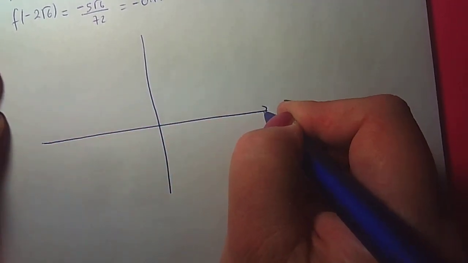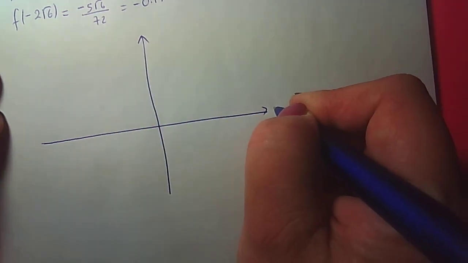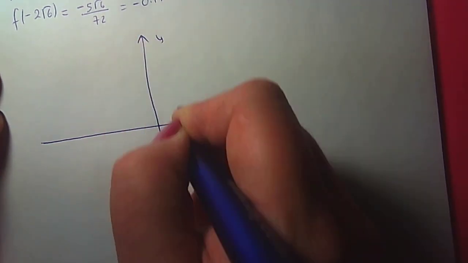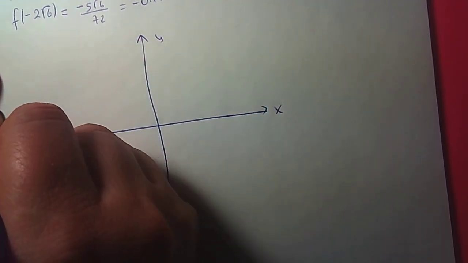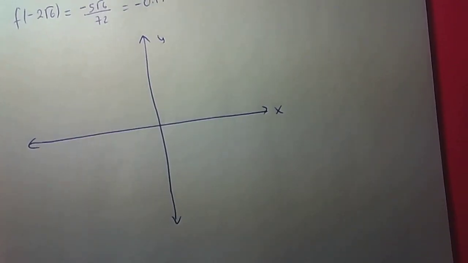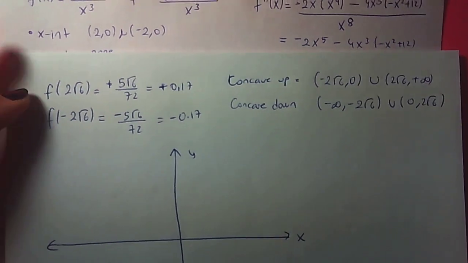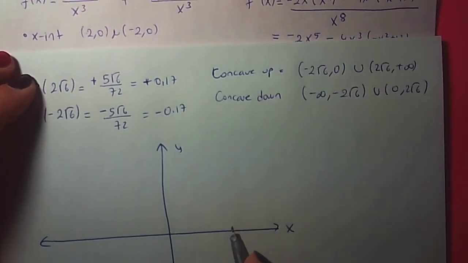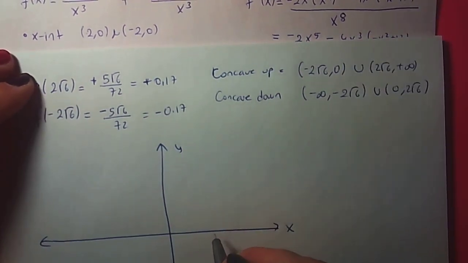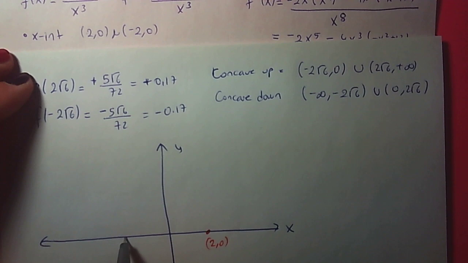Let's sketch the graph. So let's put our x-intercepts. We have 2 and 0, negative 2 and 0.